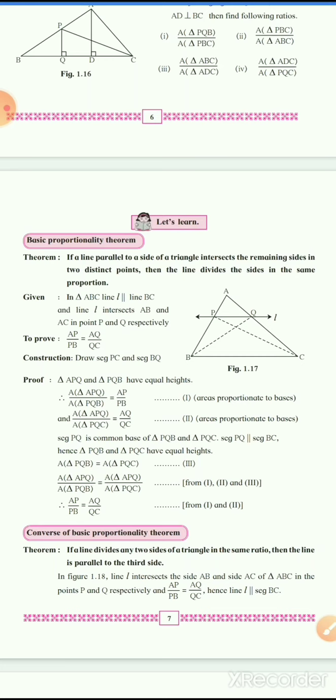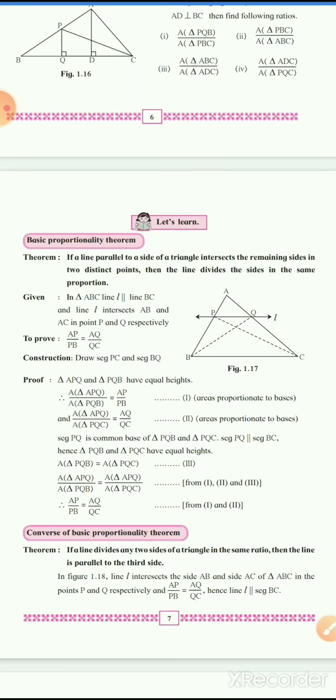So we are using our second property. We know that our second property is the ratio of the areas of two triangles with equal heights is equal to the ratio of their corresponding bases. Okay, so areas proportionate to their bases.